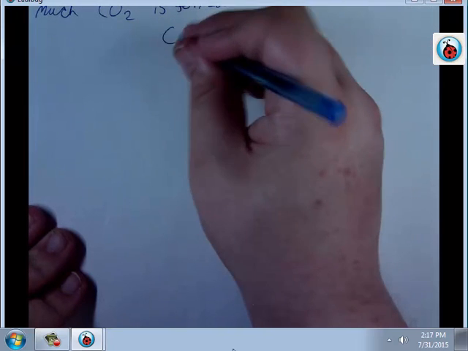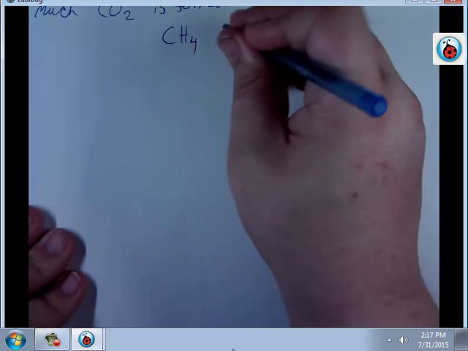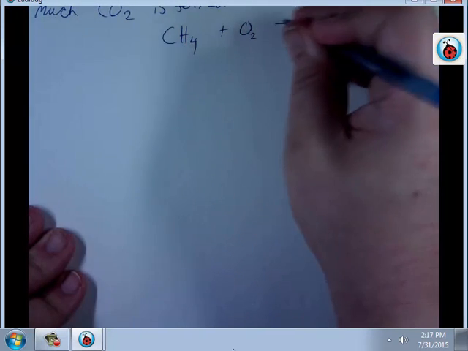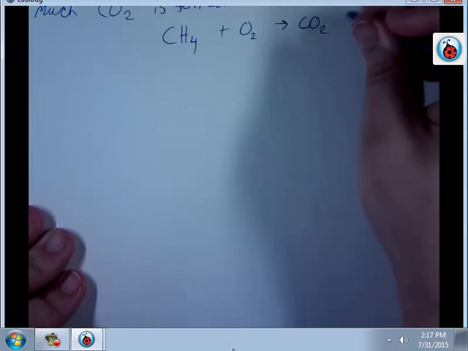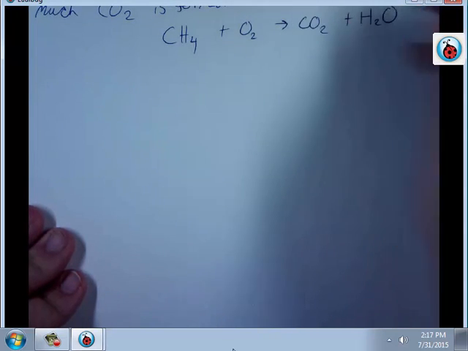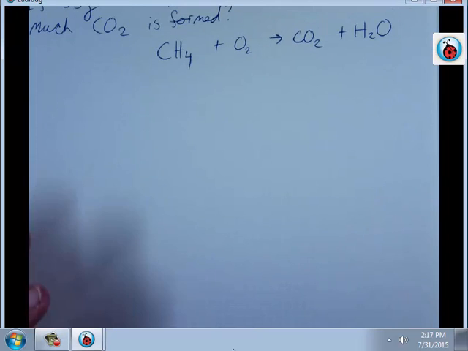So here's the reaction. CH4 plus O2 goes to CO2 plus H2O. Now CO2 is the only product I care about in this one, so I can ignore the water.